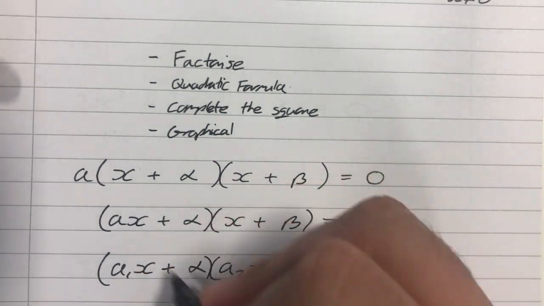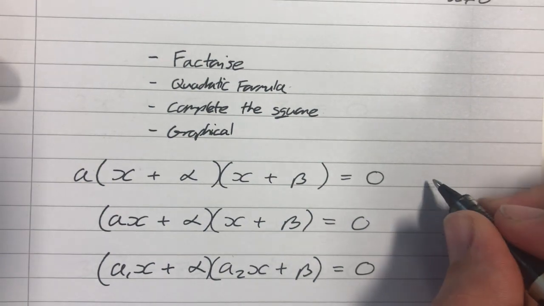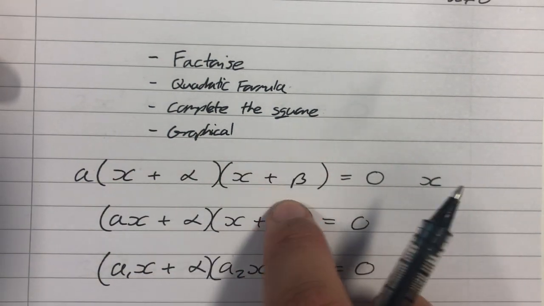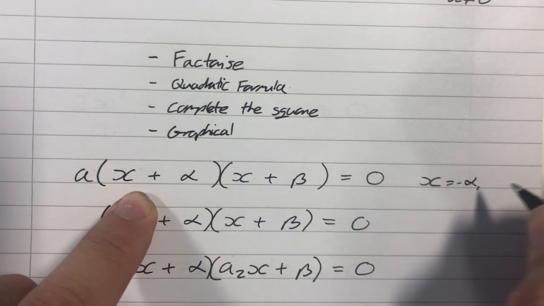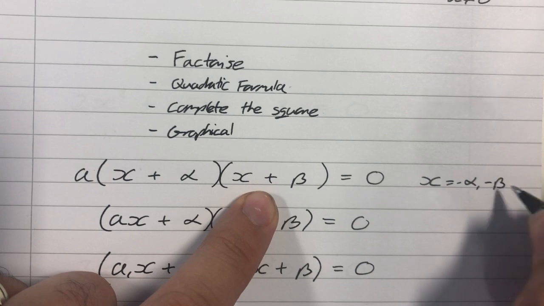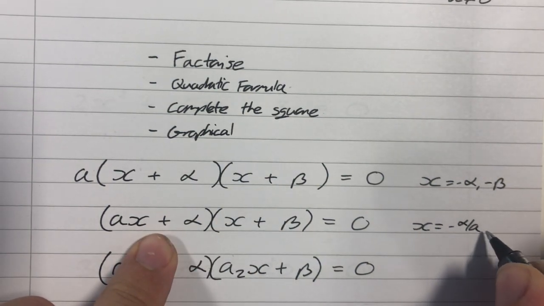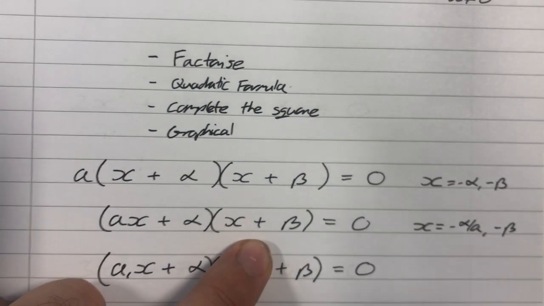And once it's in one of these forms, it's called factorised form, we can very easily read off the solutions to the quadratic equation, because solutions are either when this bracket is 0 or when this bracket is 0. So when this bracket is 0, x is minus alpha. When this bracket is 0, x is minus beta. When this bracket is 0, x is minus alpha on A. When this bracket is 0, x is minus beta.